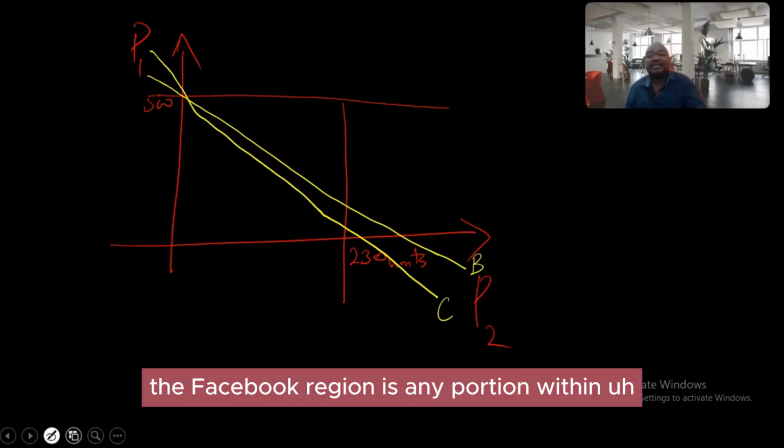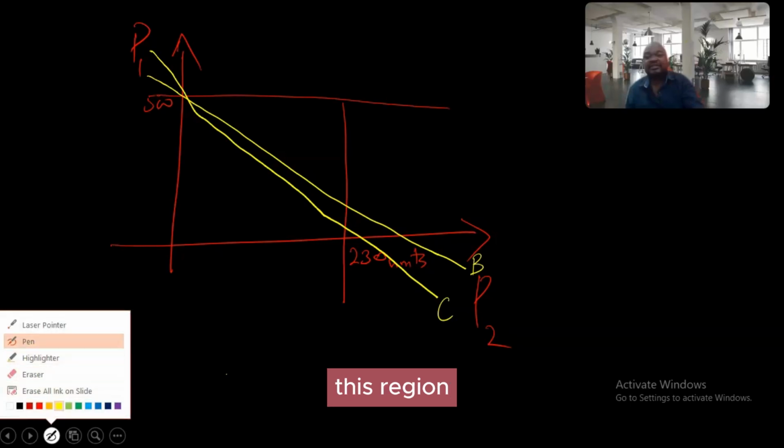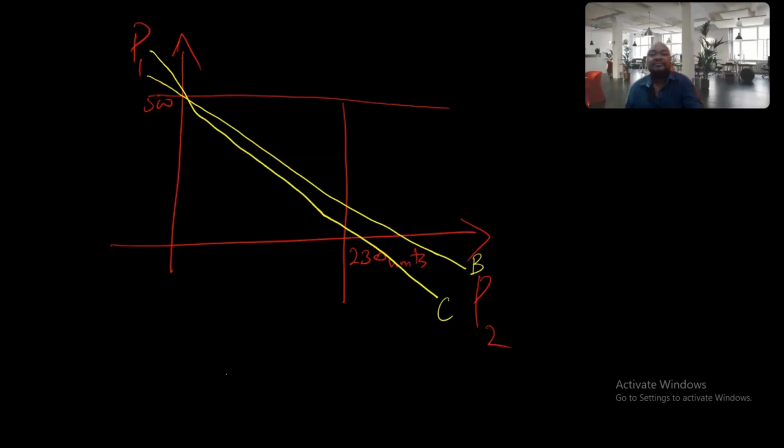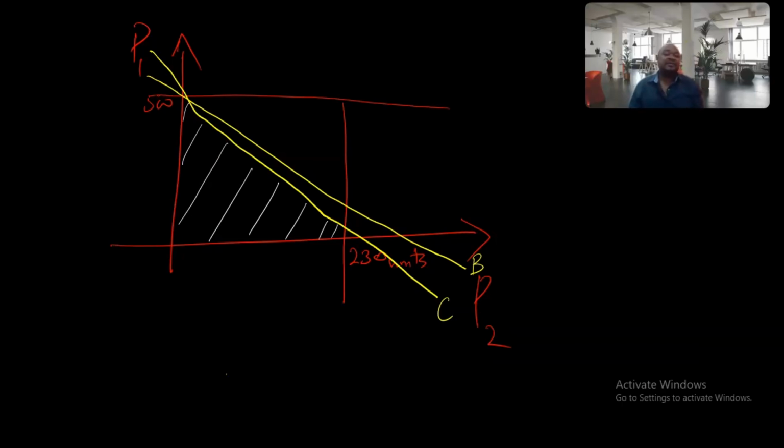The feasible region is any portion within this region. This is our feasible region given the two constraints.